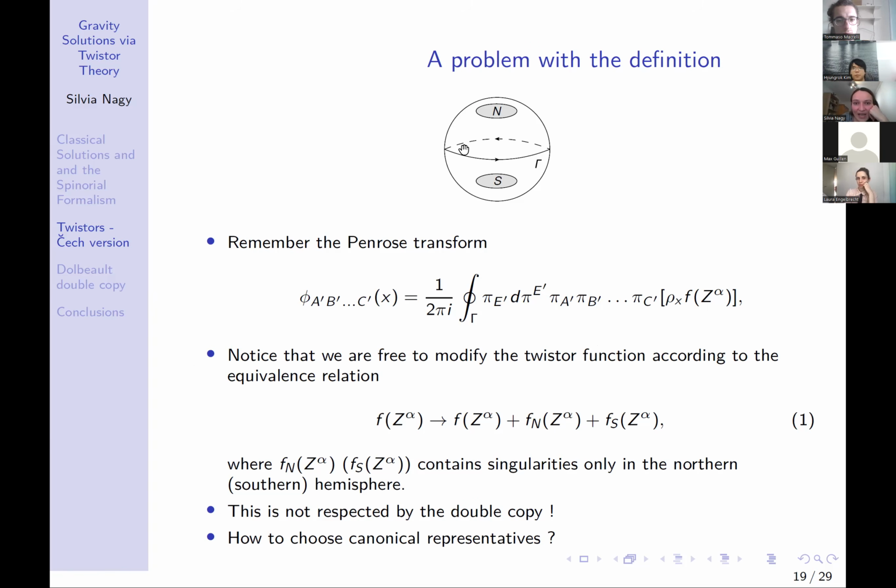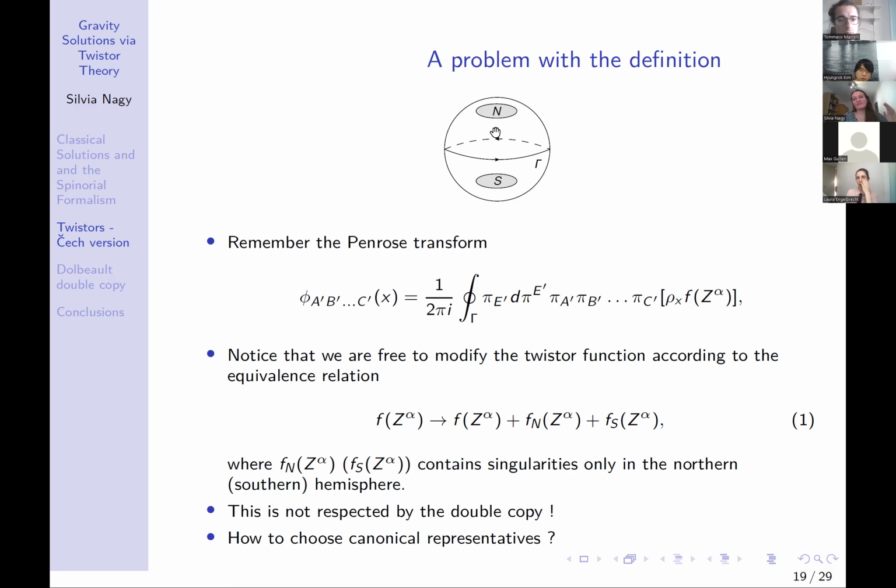So imagine I have this contour and I close it such that I'm looking at the north part. Then I can always add to it a function which has singularities, i.e. poles, only in the southern hemisphere, right? So you can see immediately that when I'm closing the contour and looking at the north part, this integral is just going to give me 0 for this contribution here.